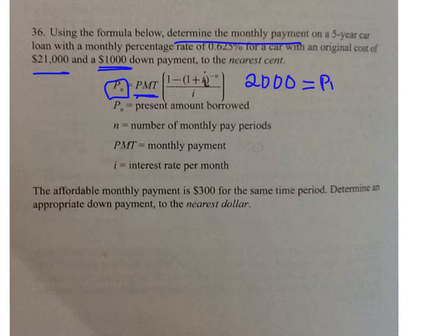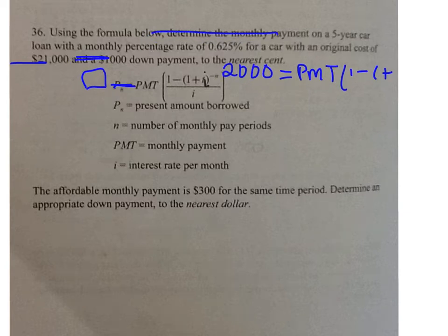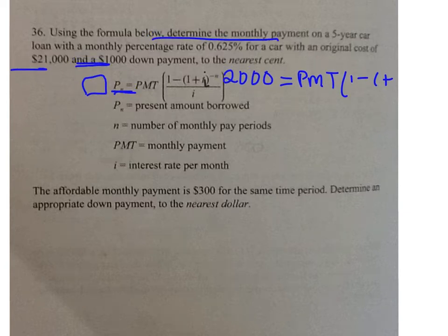Equals PMT, which is what I'm trying to solve for, times 1 minus 1 plus, so there's a 1 in there, 1 plus the I, which is your rate, and that's going to be 0.00625. I'm going to put the exponent in there in a minute and divide by 0.00625.